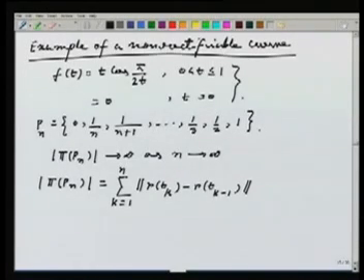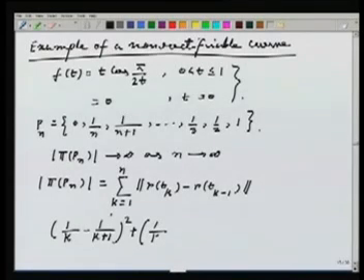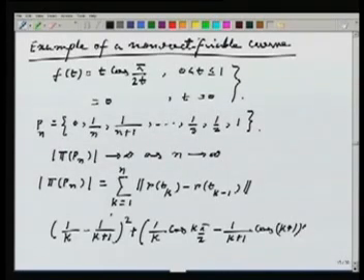If I write it in this form, all I have to do is look at quantities like the square root of (1 by k minus 1 by k plus 1) whole squared plus (1 by k cosine k pi by 2 minus 1 by k plus 1 cosine k plus 1 pi by 2) squared, and then sum over k's for one partition P. Okay, k will vary from 1 to n or some such thing.